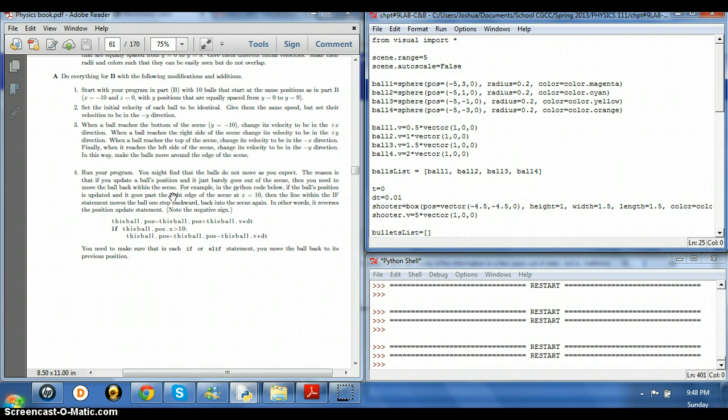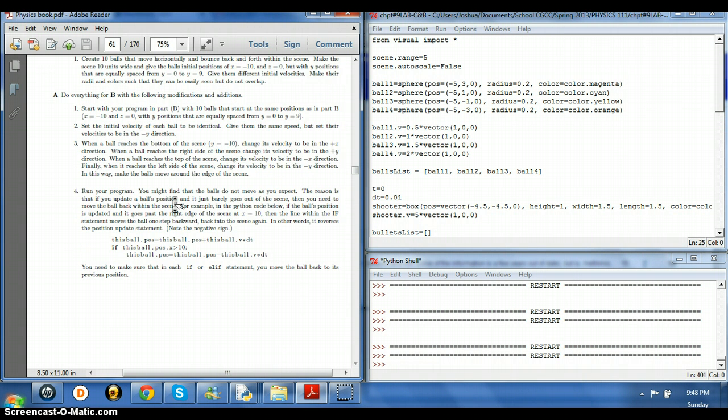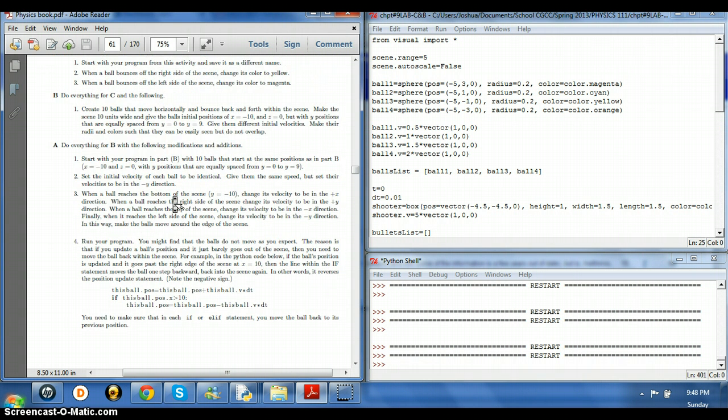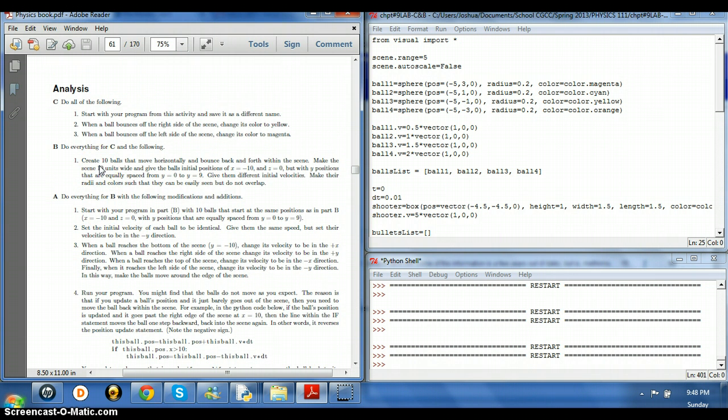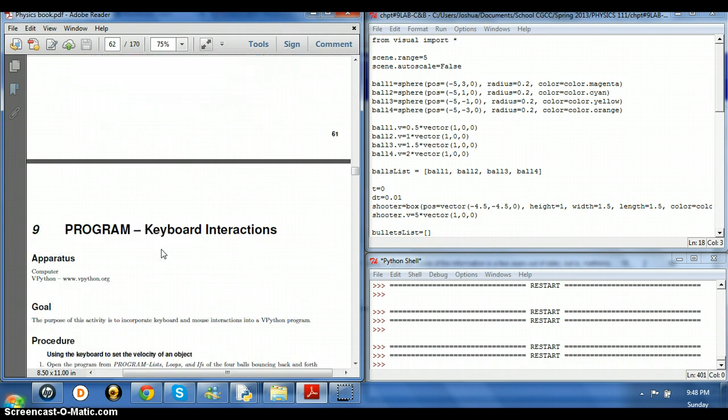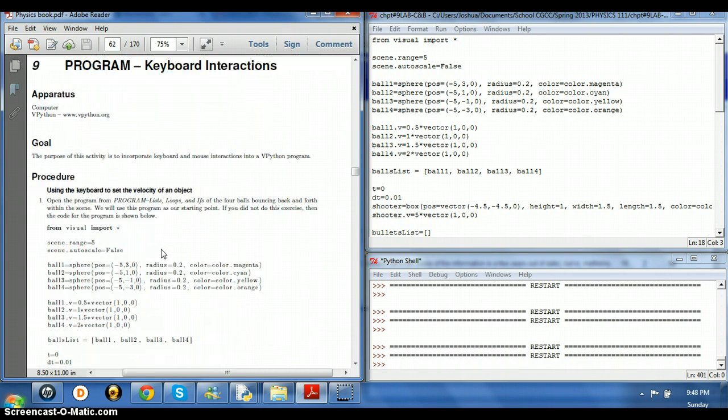So I was not able to complete everything for the two chapters up to the A portion, letter grade, in the analysis. That was for the chapter 9 portion, the keyboard interactions.